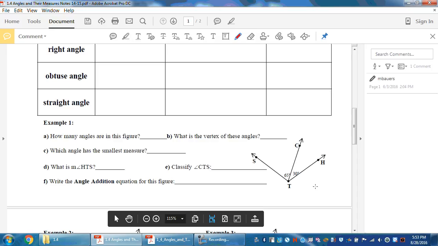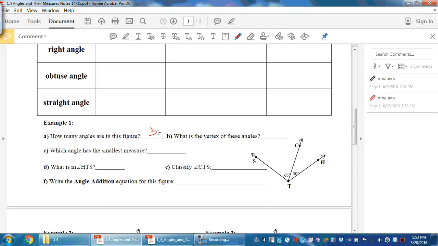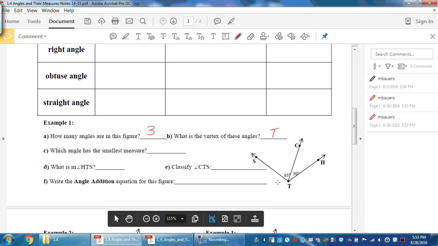So there's actually three angles in that picture, and all of them have a vertex of T. Now, which of the 3 angles has the smallest measure? That would be CTH, right? So we go angle CTH.